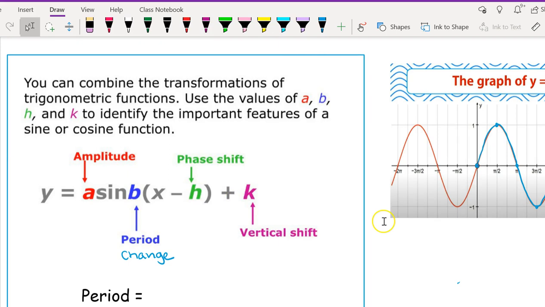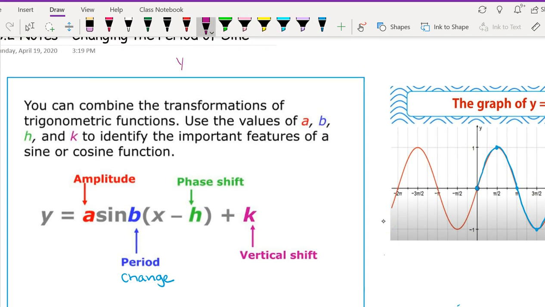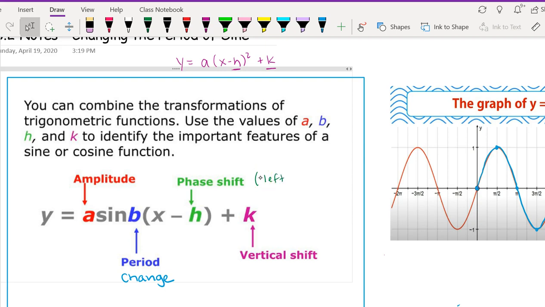Remember when we had a quadratic where I had y is equal to a times x minus h squared plus k, where h and k were the vertex of the parabola. Well, in this case, it shifts it left or right and up and down. It's the same idea. So the phase shift is going to be talking about my left and right, and then the vertical shift is up and down.